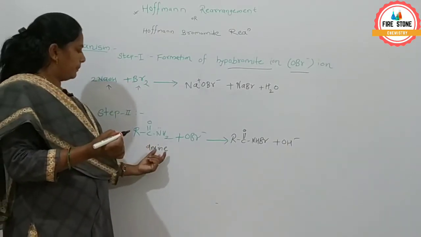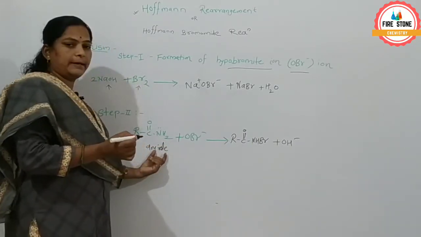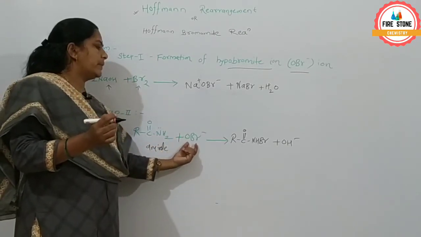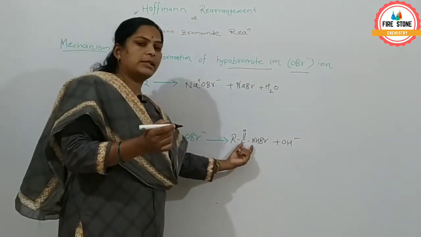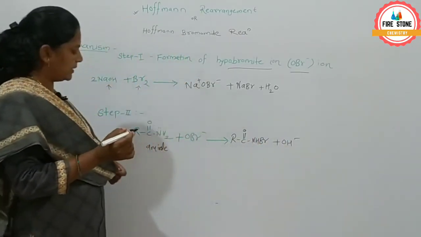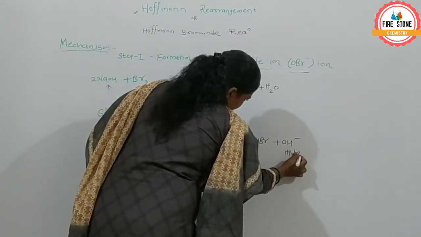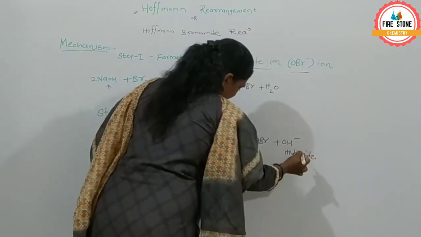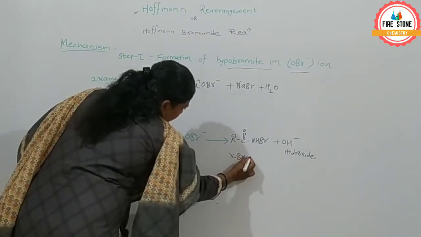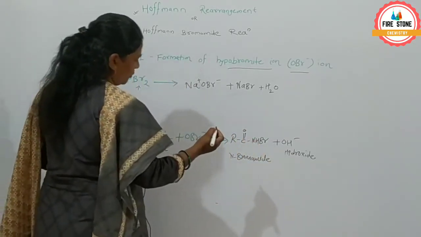The amide RC double bond O NH2 plus OBr minus gives RC double bond O NH Br plus OH minus, that is hydroxide, and this is the N-bromoamide.